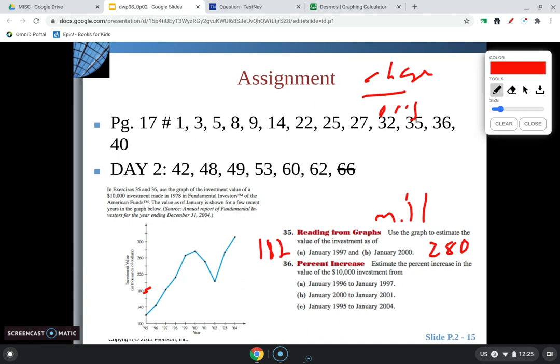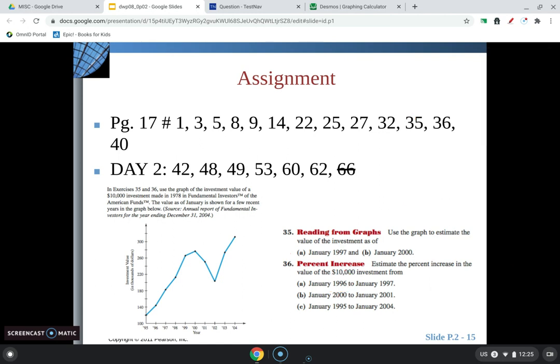So I would say that's about, I don't know, 42 million. Then we have to divide that by the first one they gave us, which would be 96. Well, 96 to me looks like about 141 million. Okay, so we take the change, which was 42 million, divided by 141, which gives us approximately 30%, 29.7% to be exact. But remember, you're estimating, so you just need to be close.